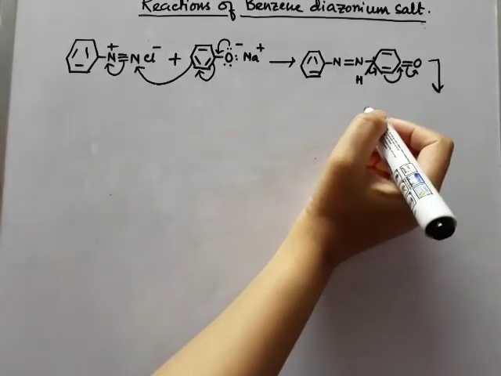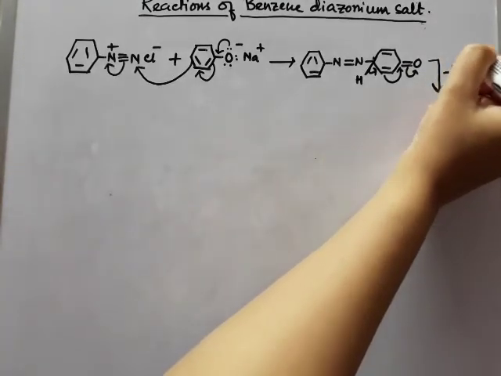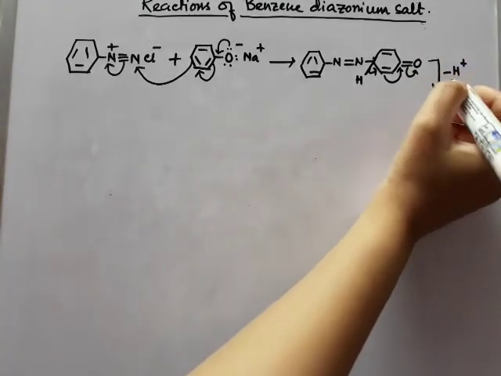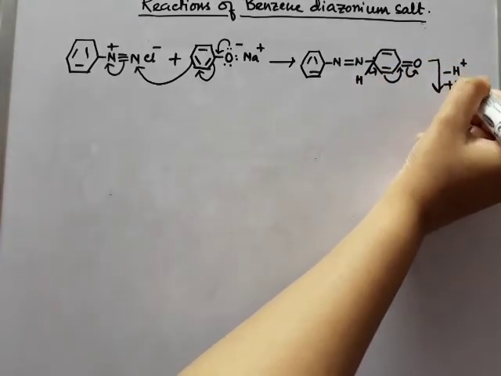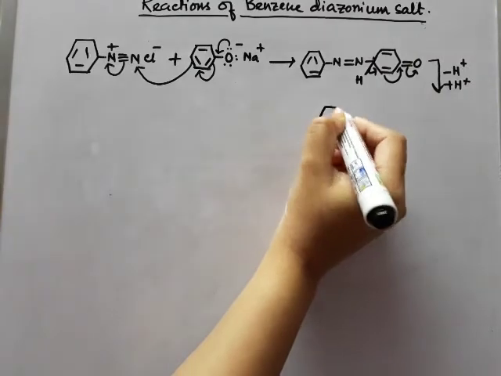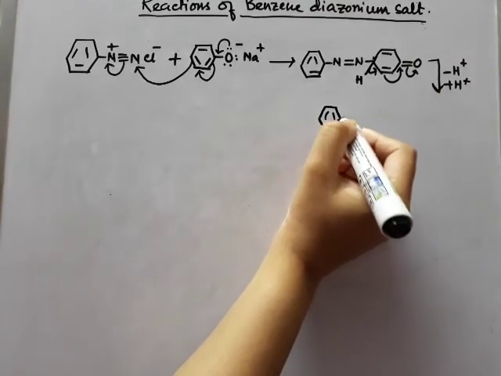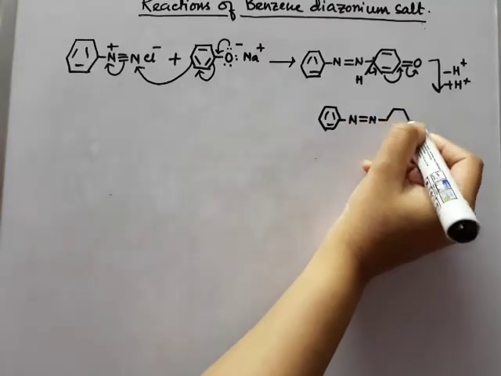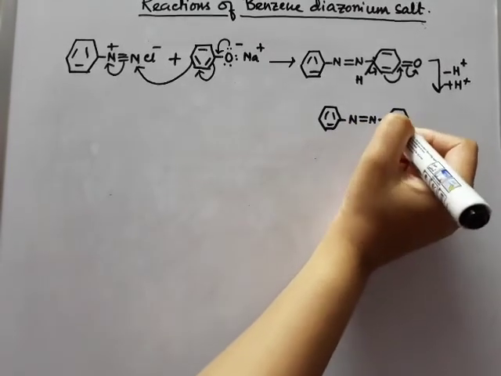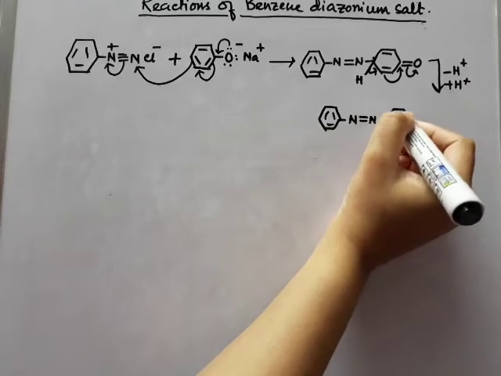The electron pair will be on this oxygen atom, minus H+ from here and plus H+ on this oxygen atom, and as a result we are getting this one. Regeneration of aromaticity.